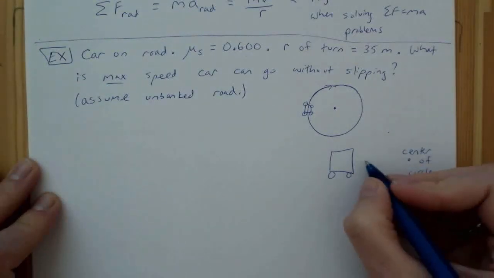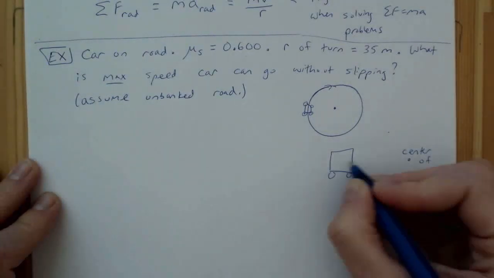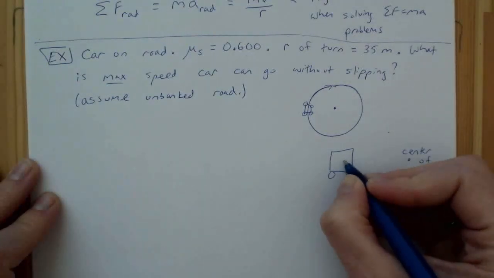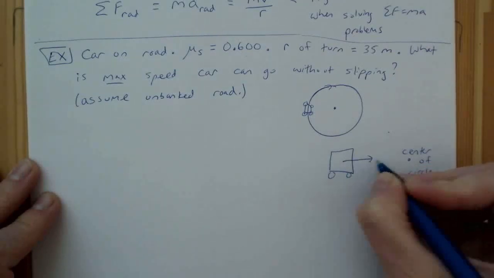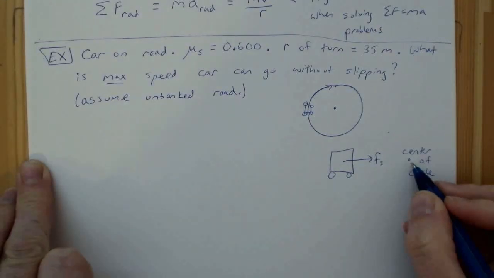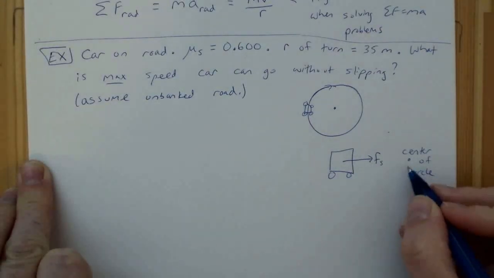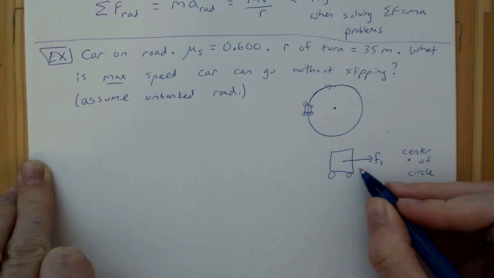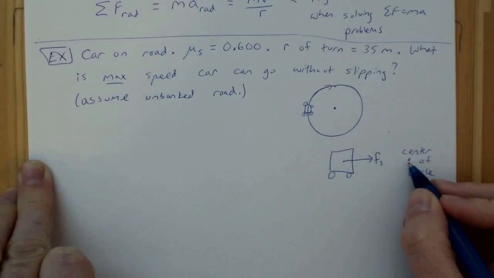That's going to be the direction of the acceleration. So that tells me that has to be the direction of the force of static friction acting on the car, because that's what's keeping it going in a circle. That's what's causing it to have a centripetal acceleration. That's what's causing it to change its direction.